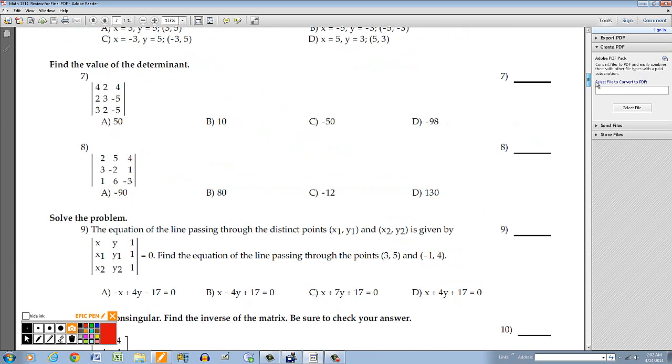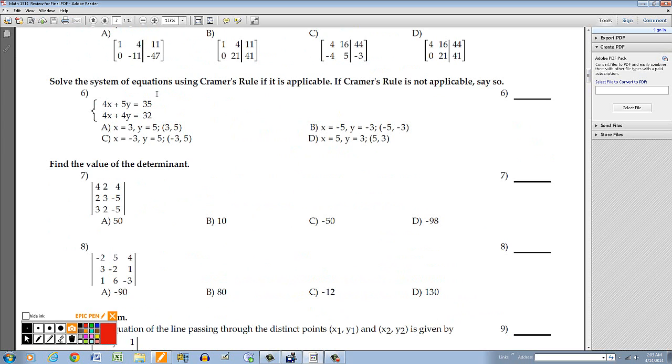Okay, number 6. So solve the system of equations using Cramer's rule if it is applicable. If Cramer's rule is not applicable, say so. So this one again, because it's multiple choice, you're given the answers. It's very easy to just plug in the numbers, and you can figure out that if you put a 5 here and a 5 here, you'll get this answer here.